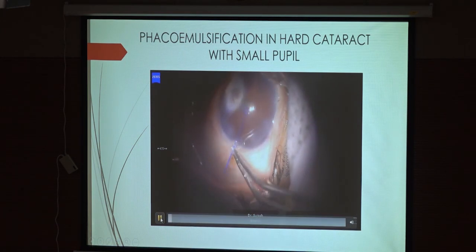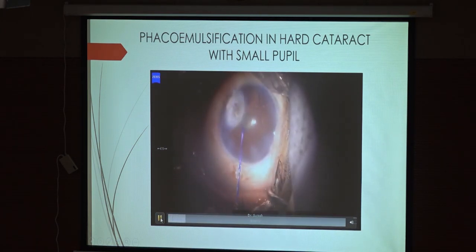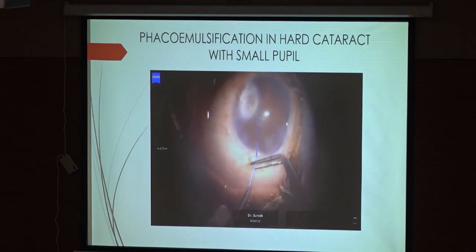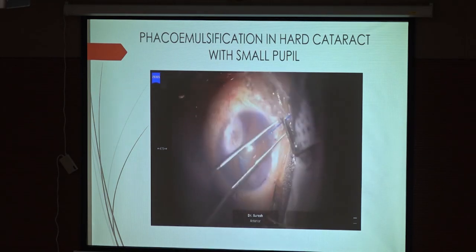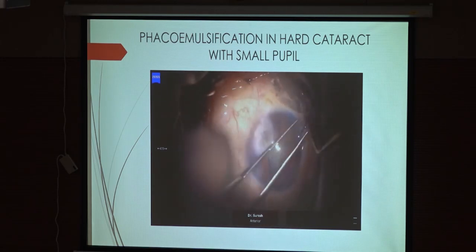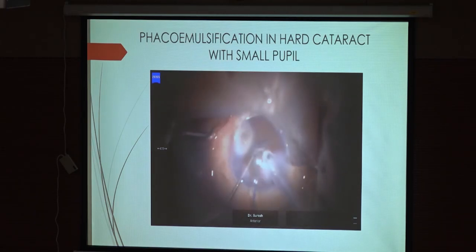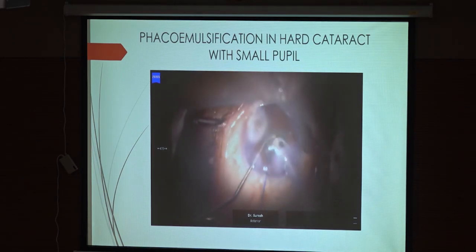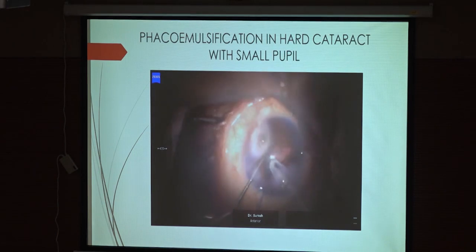So if you have small pupil with soft cataract, you can still go ahead without dilating. But if you have a hard cataract, you have to dilate. You have to use devices, either iris hooks or whatever device you are comfortable. Don't be lazy, always use, then probably you can manage even hard cataract.